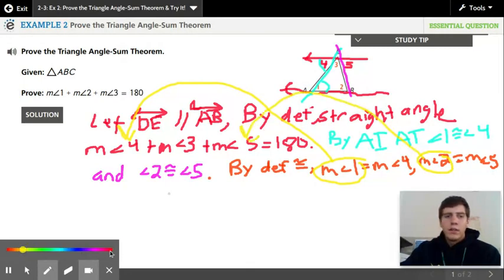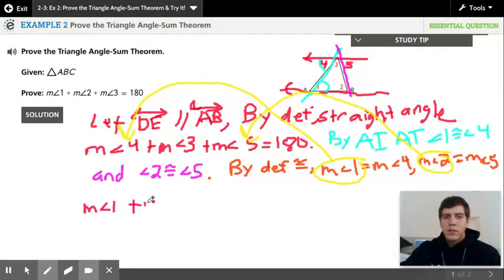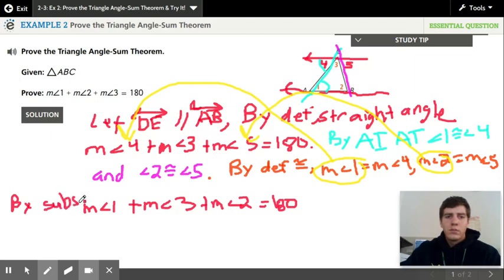So the measure of angle 1 plus the measure of angle 3 plus the measure of angle 2 equals 180. What we're doing there is substitution, so that should have been by substitution. We're replacing the measure of angle 4 with the measure of angle 1, and the measure of angle 5 with the measure of angle 2.